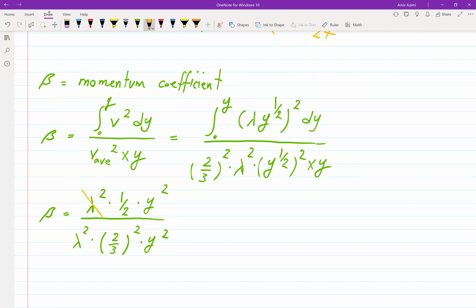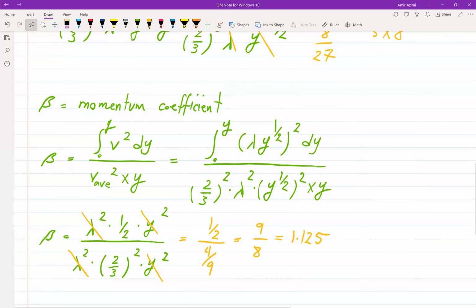Similarly, lambda square cancels out, y square cancels out. So what is left is 1/2 divided by 4/9, so it becomes 9/8 or 1.125. Then the momentum coefficient beta is 1.125 and the energy coefficient is 1.35.